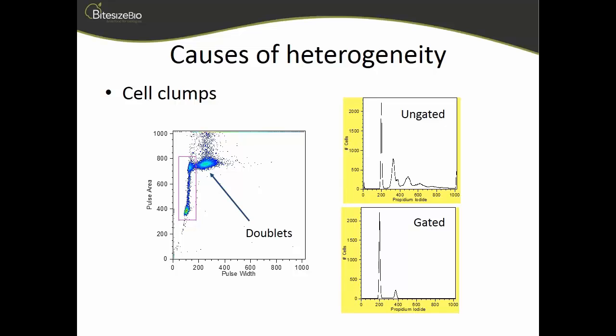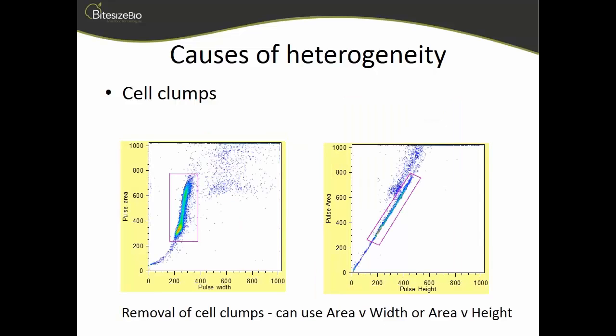And depending on the cytometer you use, there are different ways of excluding cell doublets. We tend to use either a pulse width versus pulse area of our DNA dye signal, or pulse height against pulse area. It doesn't matter which one you use, they're performing the same function. We're excluding doublets and clumps.